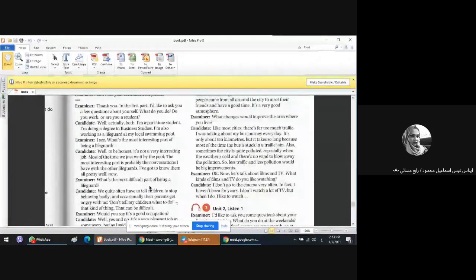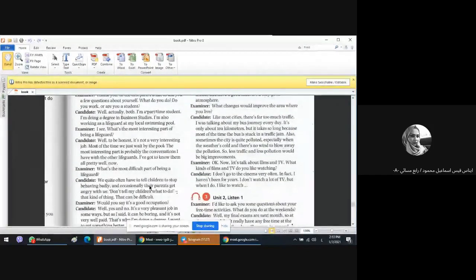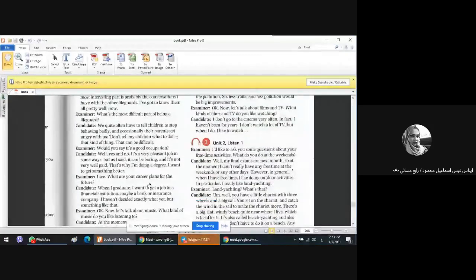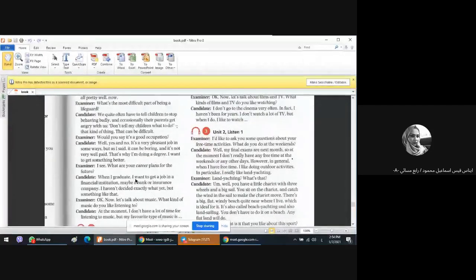Then she asked him about the most interesting part of his job. He told her that his job is not interesting. The only interesting thing is the conversation with the other lifeguards at the swimming pool, and also sometimes when he prevents or prohibits the children from behaving badly, the parents ask him not to do such a thing and to let them behave freely.